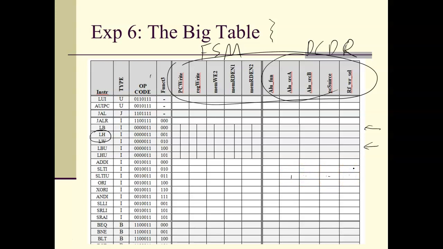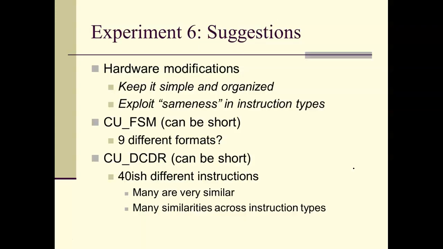What you'll see here, and I think this is coming up, is a lot of these signals are the same. So for this experiment, you're going to exploit the sameness. Here it is: exploit the sameness in these instructions in both the control unit and the decoder. The control unit has about 9 different instruction types.